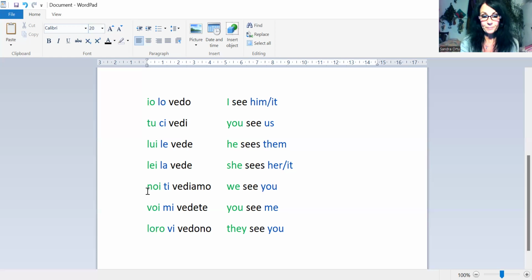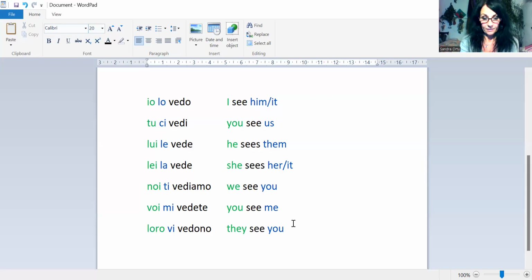Another example, as I said, I try to use all of them so you can see them. Noi ti vediamo, so we see you. And voi mi vedete, you see me. Loro vi vedono, they see you.